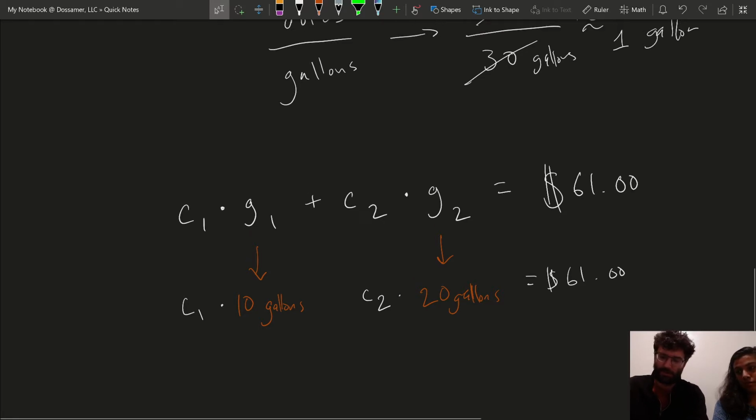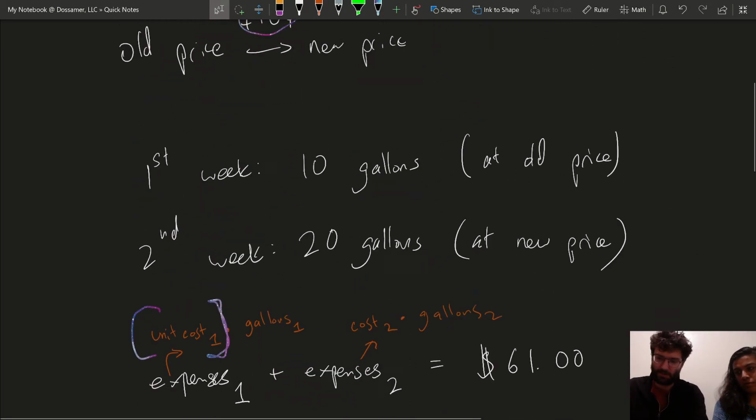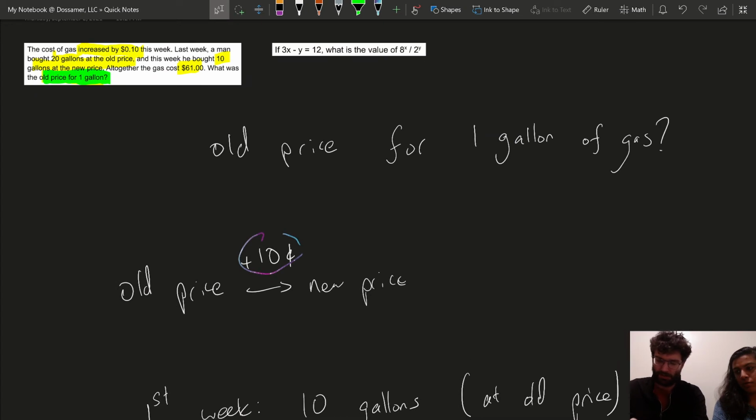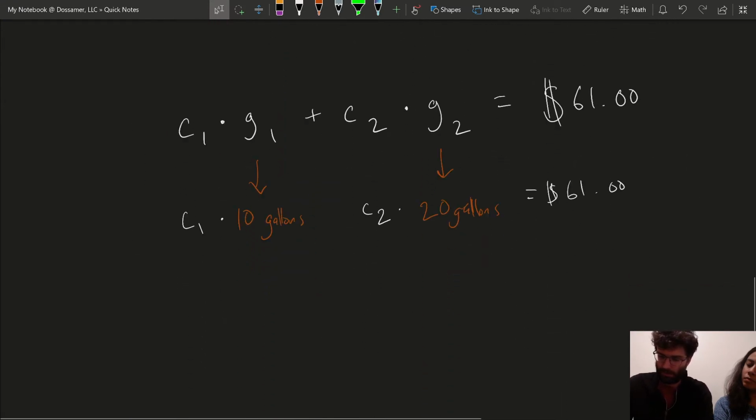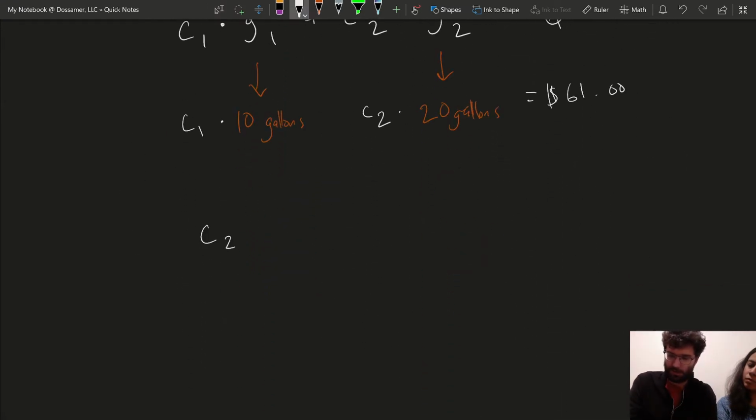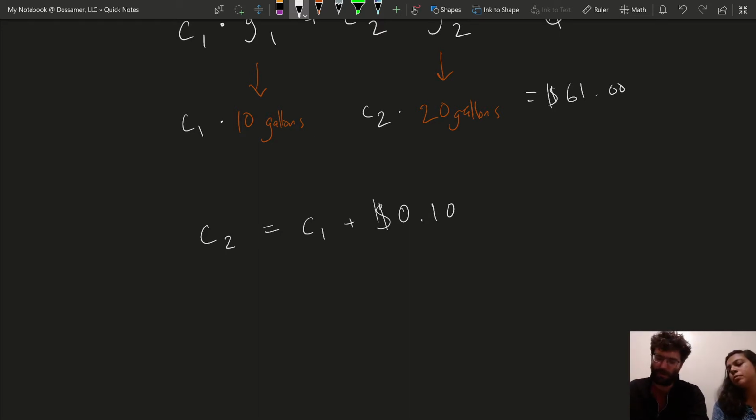And to solve this particular equation, we can only solve the equation if there's one unknown, because it's just one equation. So is there a way that we can get rid of C2? We put it in terms of C1? Yeah, and we're able to do that. And we're only able to do that because we were given at the beginning of this problem the information that we can turn any given old price into a new price if we increment the old price by 10 cents.